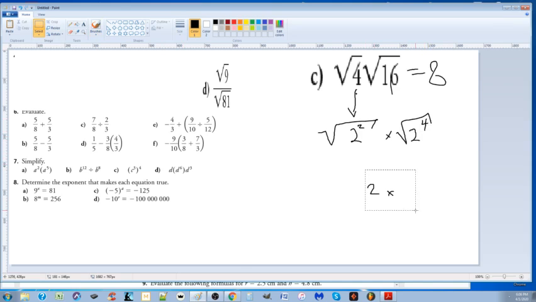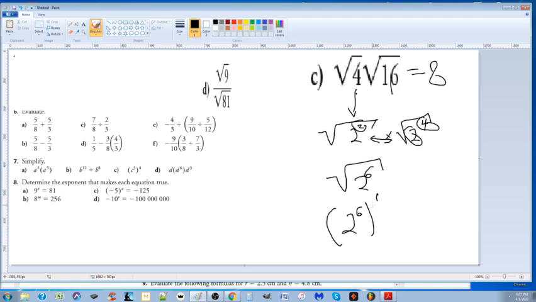Am I allowed to just multiply these square roots now that they're the same number? Yeah, I am. I'm allowed to now do the square root of 2, and when I'm multiplying the same numbers, I just add up their exponents, so it's 2 to the 6. Very confusing, I know. Now, am I allowed to say that that's the same as 2 to the 6, and instead of square root, say it's to the half?